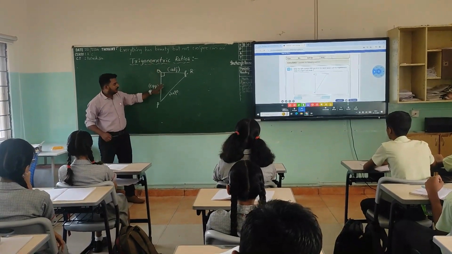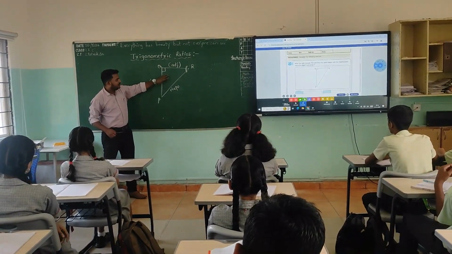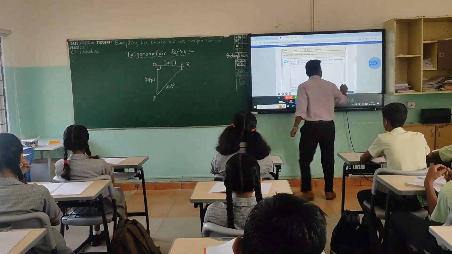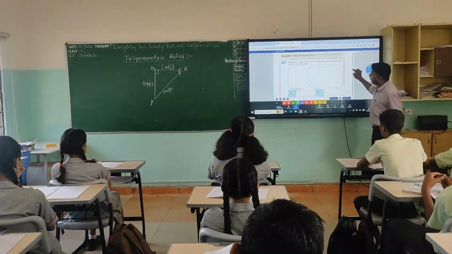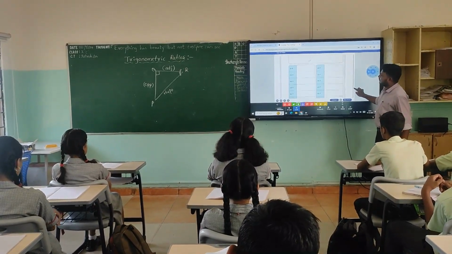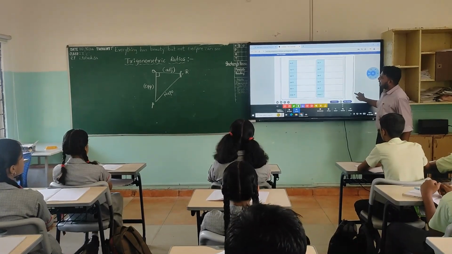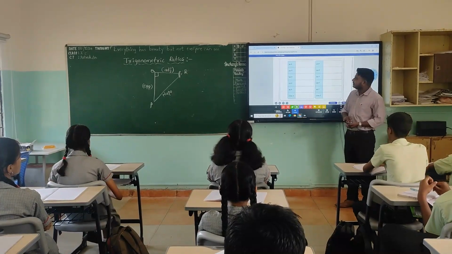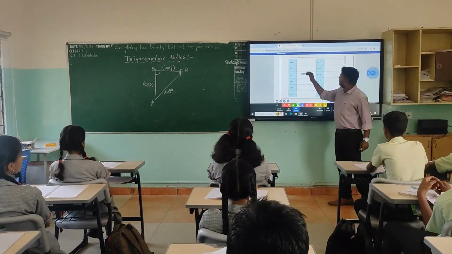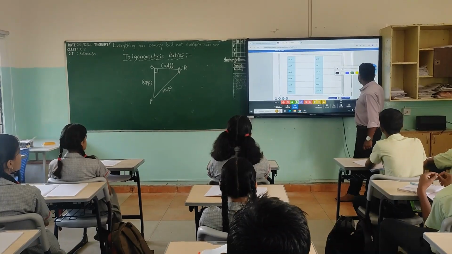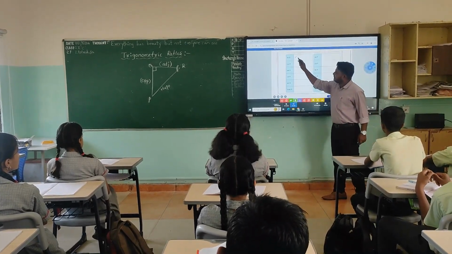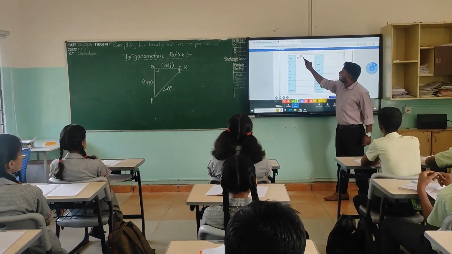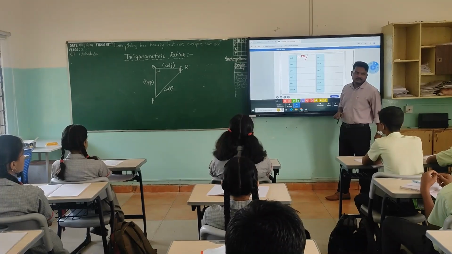Clear? So now based on this right angle triangle PQR, we have the trigonometric ratios. First, sin R. Sin means opposite by hypotenuse. So sin R is equal to the opposite PQ divided by hypotenuse PR.